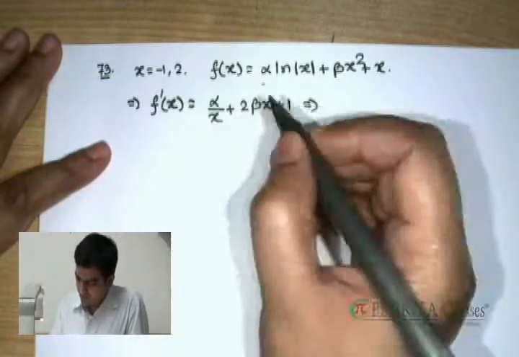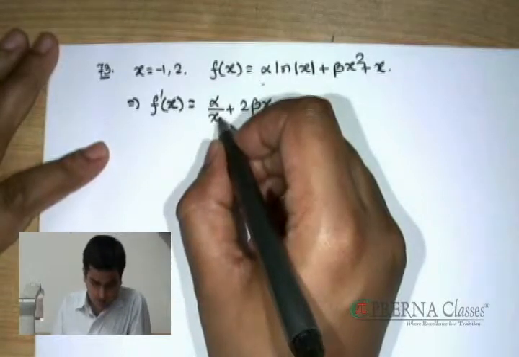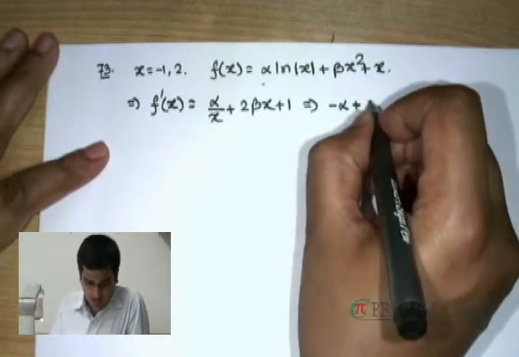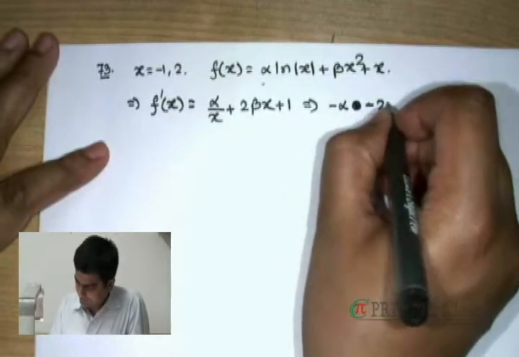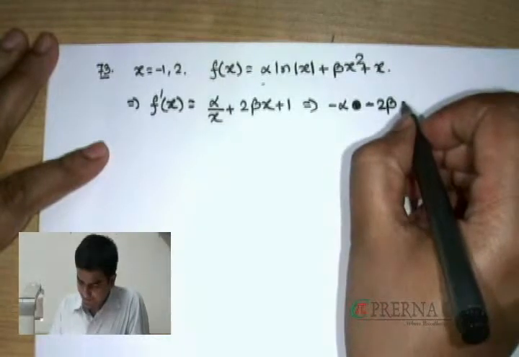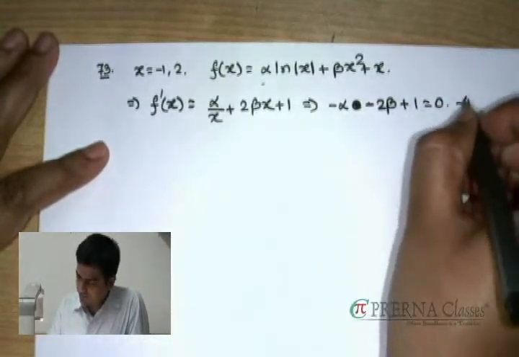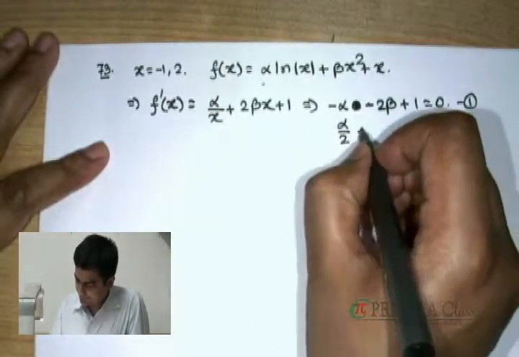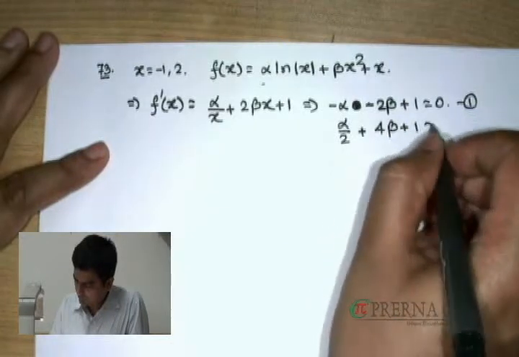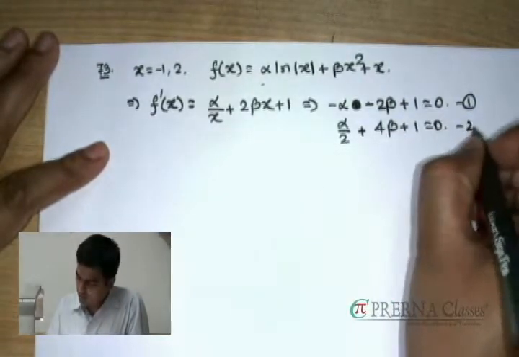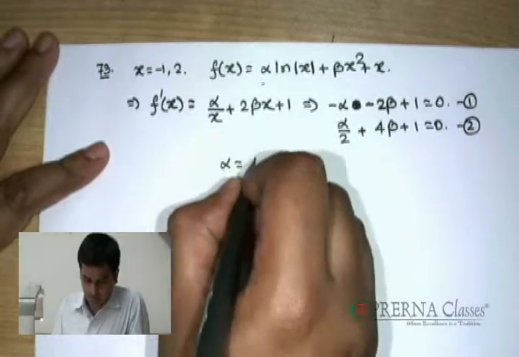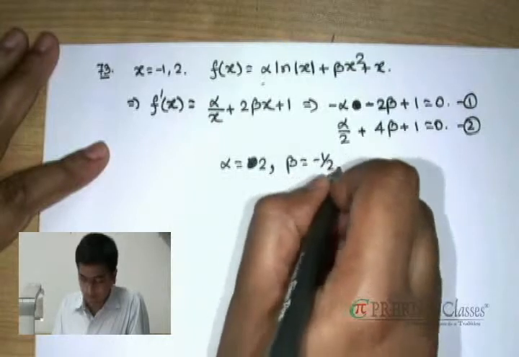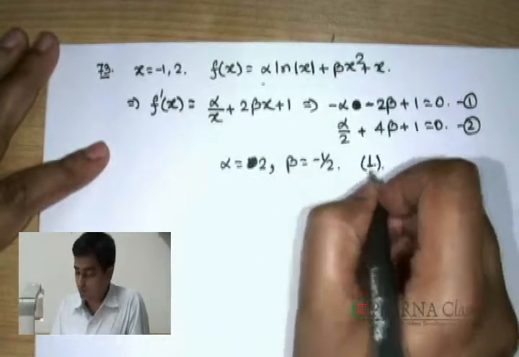Now in this case, when we substitute -1, you will find that we have minus alpha, then minus of 2 beta plus 1 equal to 0. That's the first equation. In a similar way, when we consider 2, there is another equation. Solving these two equations, you can clearly check alpha turns out to be 2 and beta turns out to be -1/2, which is matching with the option 1 of that problem.